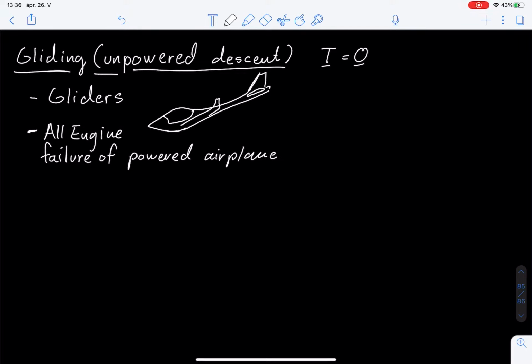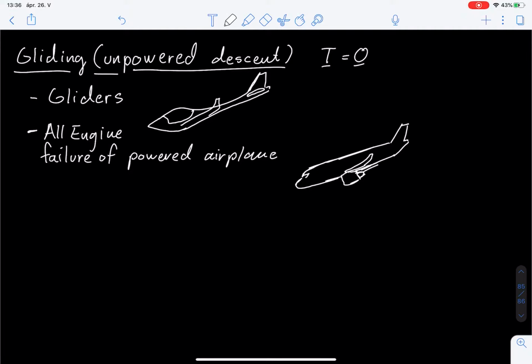One example would be a famous one, right? So the landing on the Hudson, where an Airbus 320 fairly quickly, shortly after takeoff, pretty much turned into a glider, because it still had the 2 engines intact, but they were so damaged from the collision with the birds that they didn't produce almost any thrust.